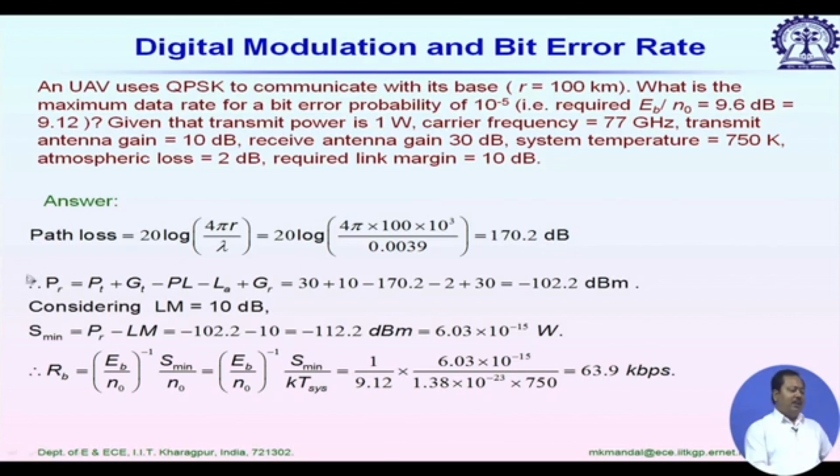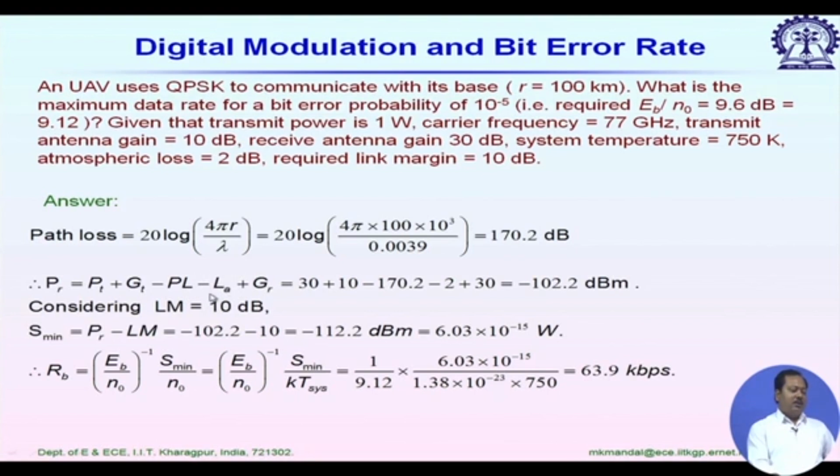Now, we calculate the received power using the previous formula. PT, the transmit power, is given as 1 watt; we simply have to convert it to dBm. GT is already in dB, given as 10 dB. GR is 30 dB. Path loss we already calculated as 170.2 dB, and LA represents atmospheric loss.